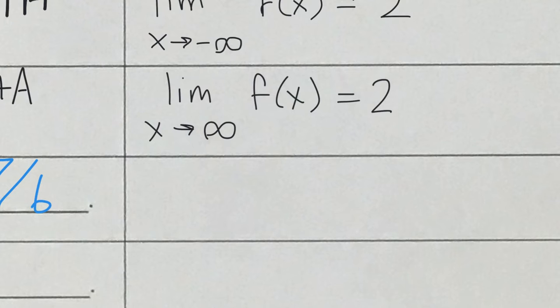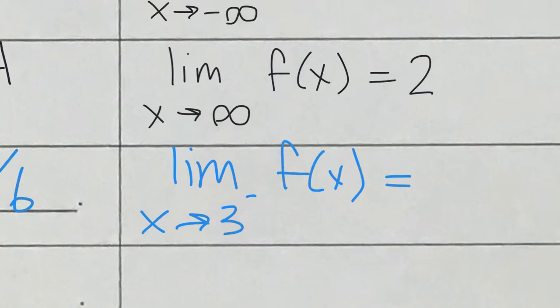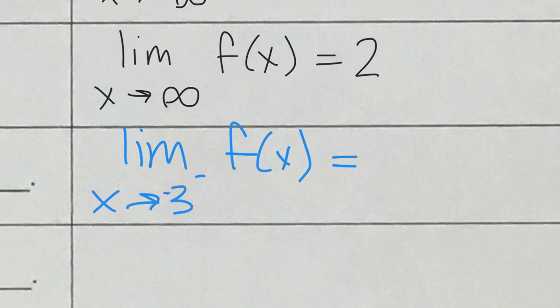Okay, so then we would write from the left. So we would put a little minus sign, like the power. It's not really a power, it's just letting us know that minus means approaching from the left. Of this function, oh, sorry, that needs to be a negative 3 in here. Negative 3 from the left is 7/6.